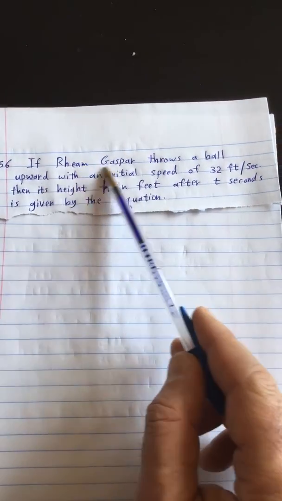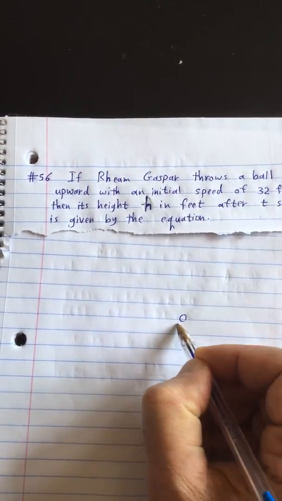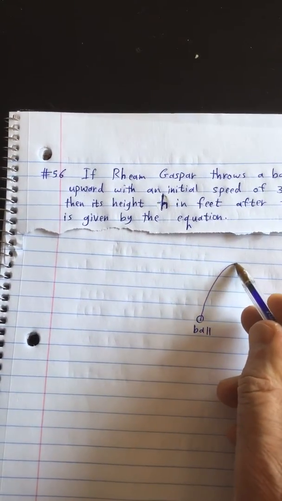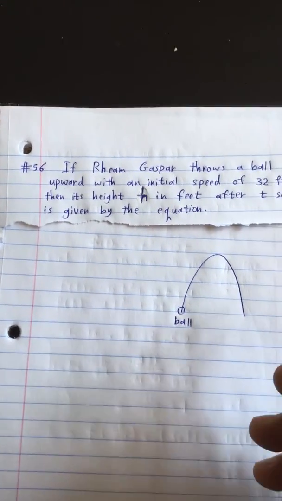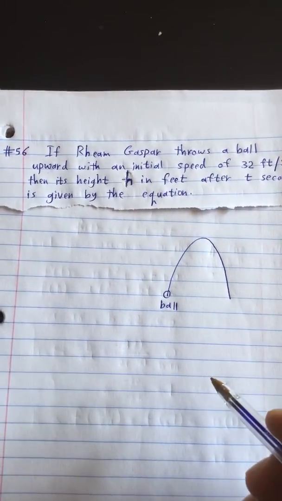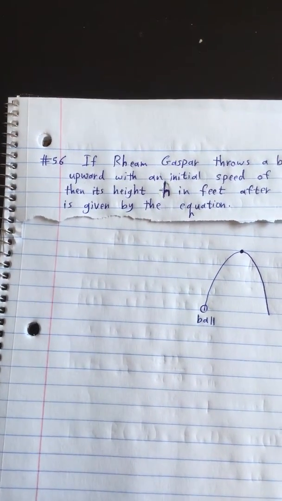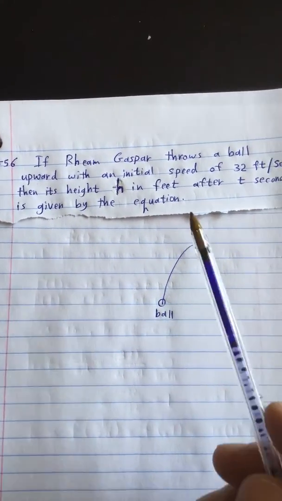So here, this person throws a ball upward like this. If you look at the graph, it is a parabola that opens downward. So this point is the vertex, which is (h, k).